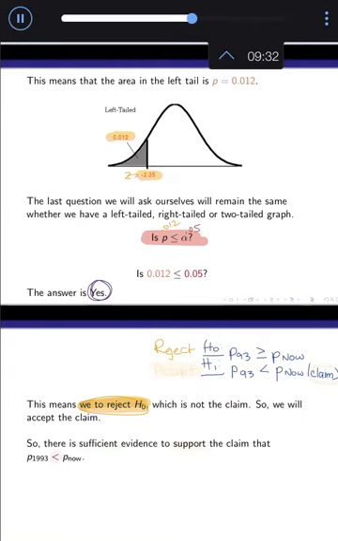The complement, we will accept H1, which is where our claim is. So, because we're rejecting H naught, we're going to say there is sufficient evidence. Sufficient evidence to do what? We are accepting or supporting our claim that the proportion for 1993 was less than the proportion for now.